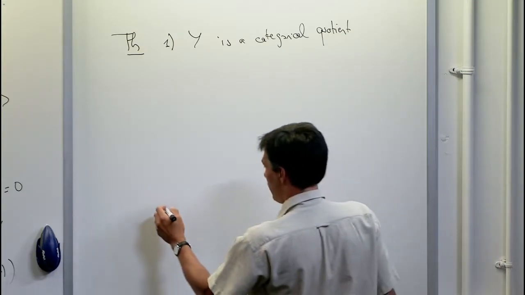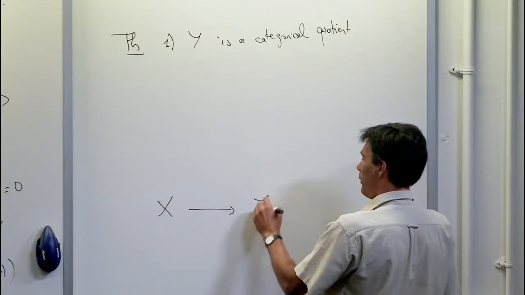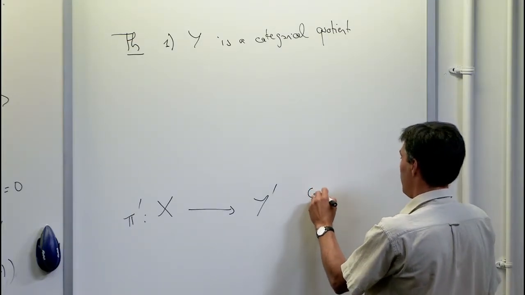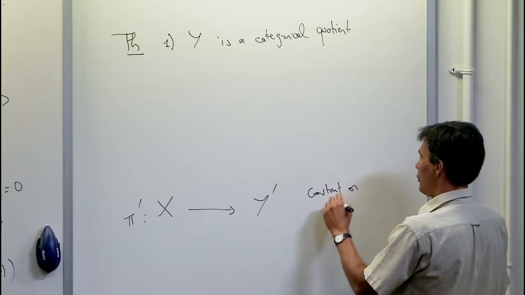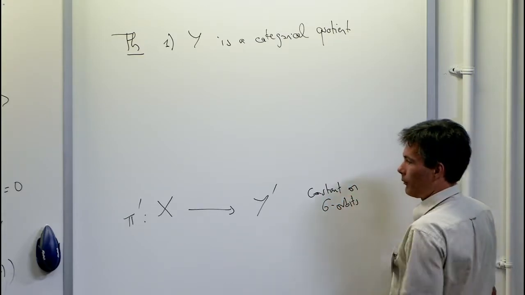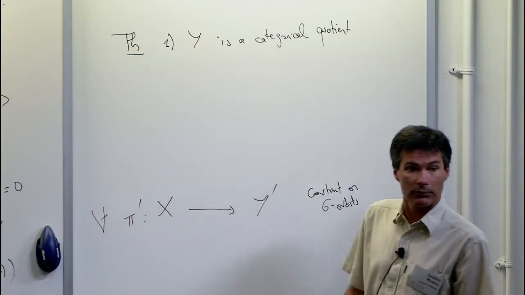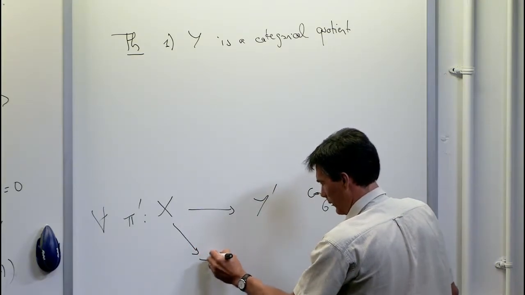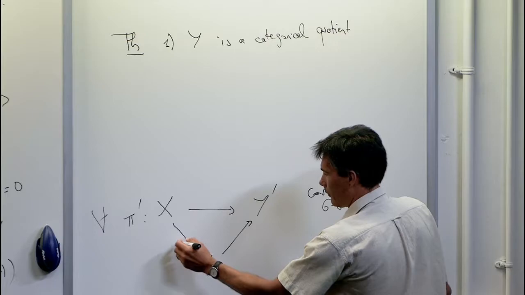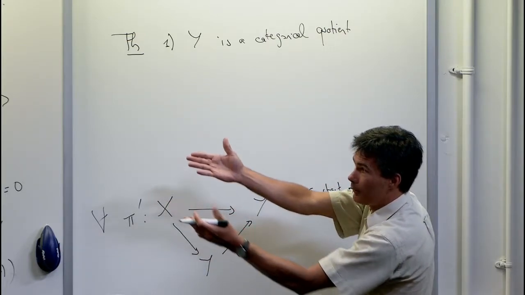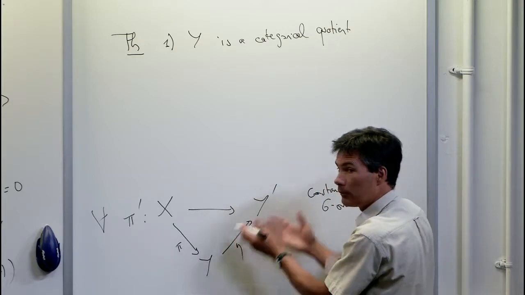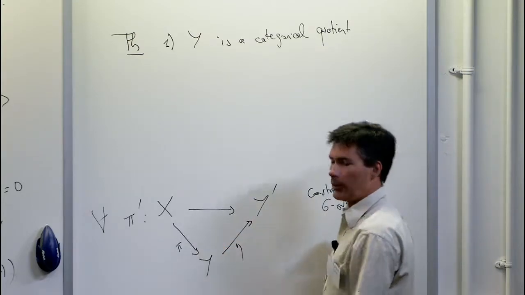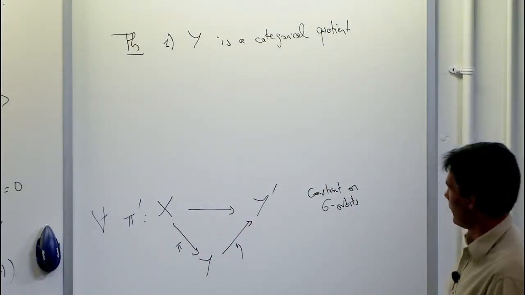If you have some other algebraic map, phi prime, to some Y prime, which is constant on G orbits, then for all such candidates to be a quotient, there will be a factorization like this. The map will be first this map pi composed by some other map, and this other map loses some information. So this quotient is really the best thing you could do in this context.